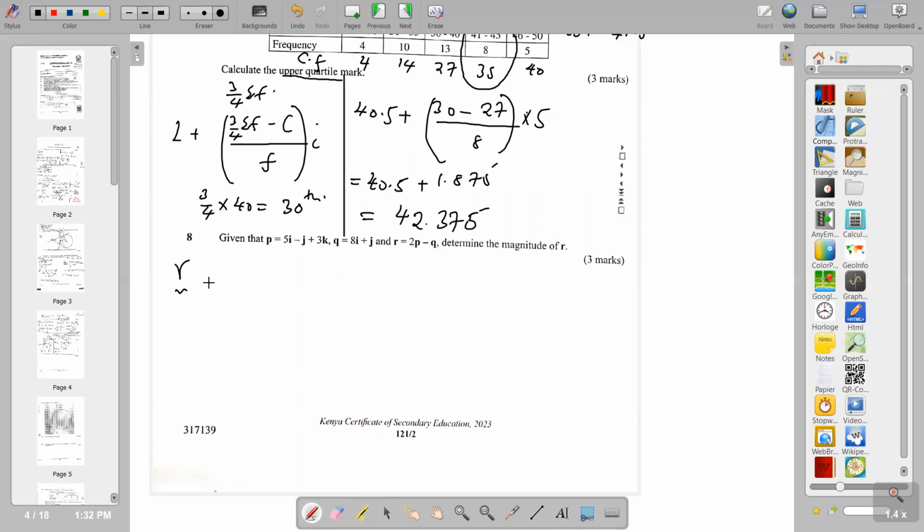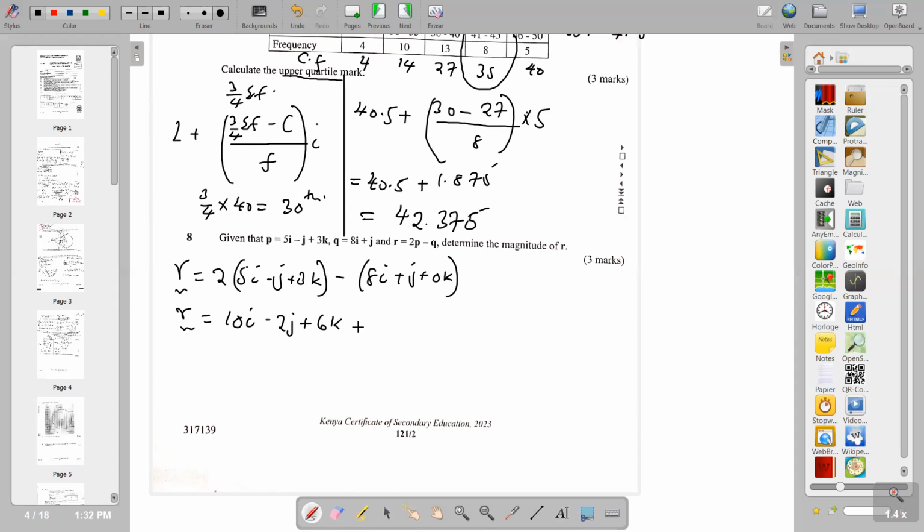So vector R is equal to 2. Now you have P, this 5i minus j plus 3k, minus Q, it is 8i plus j, of course, plus 0k. So meaning that vector R will be equal to 10i minus 2j plus 6k.